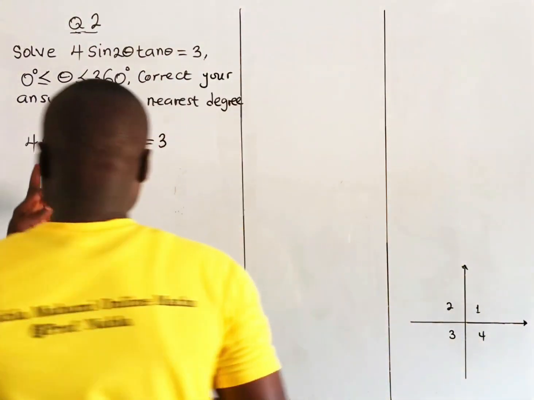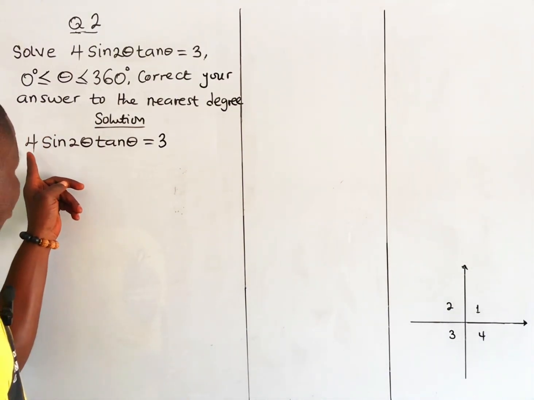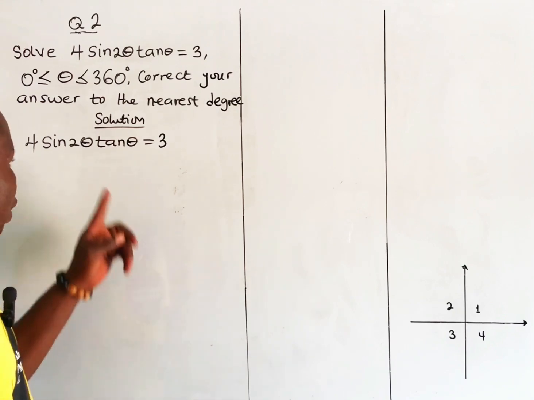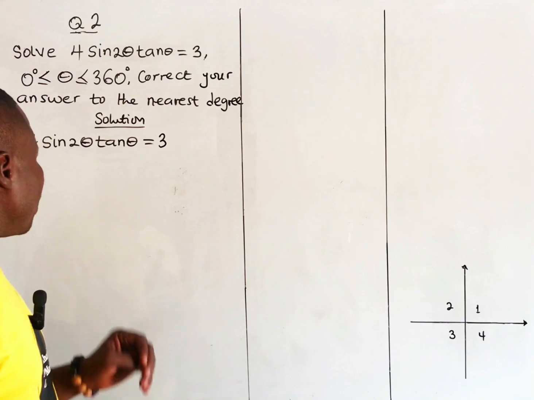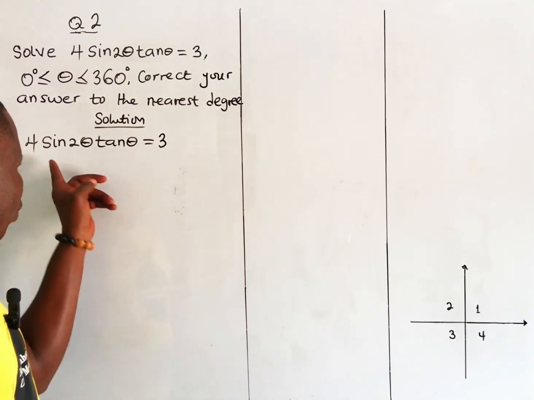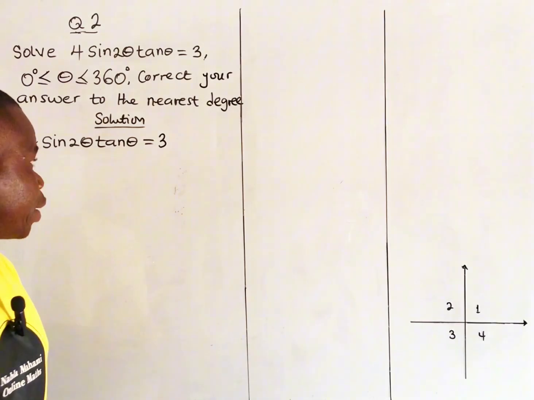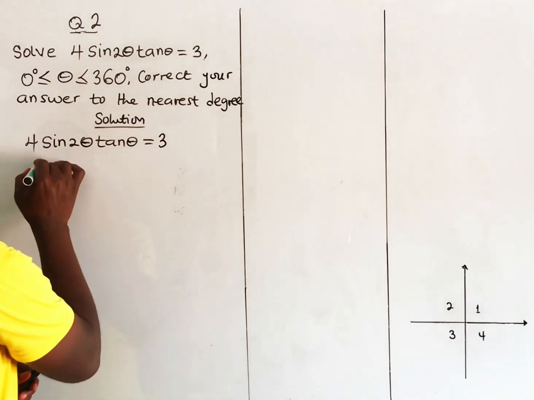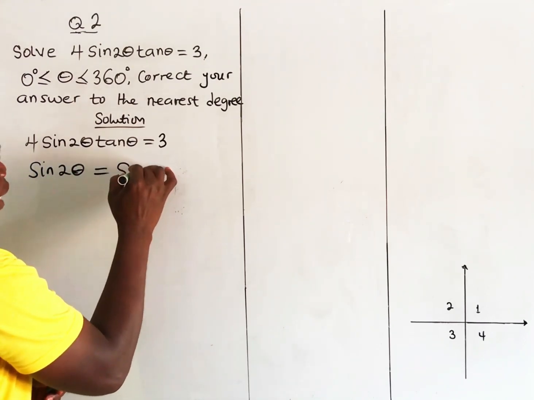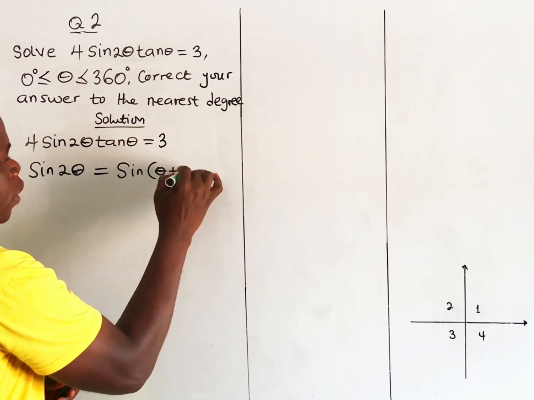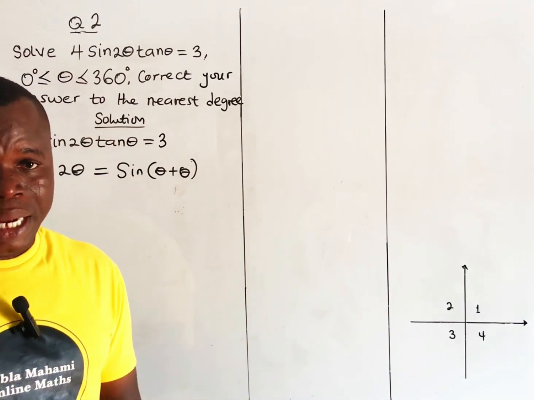If I take the trigonometry equation given to us to solve, it is 4 sine 2 theta tan theta is equal to 3. The first thing is to convert each of these trigonometry ratios into their basic forms. Sine 2 theta is the same thing as sine of theta plus theta, which is a double angle.